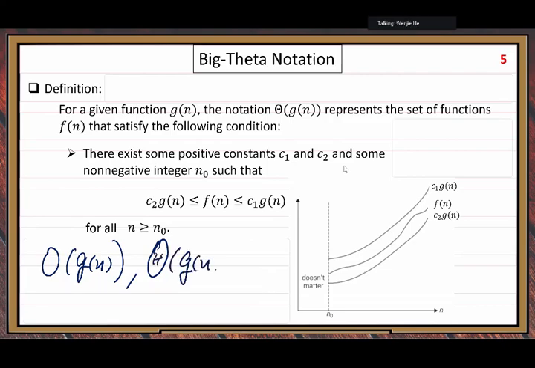The second most is the big theta notation. The remaining 3, we do not use much. Most of the time we do not use them. So we only use these top 2 asymptotic notations.